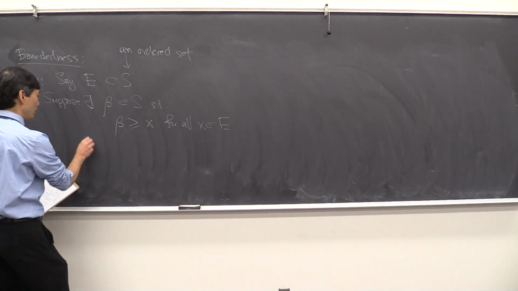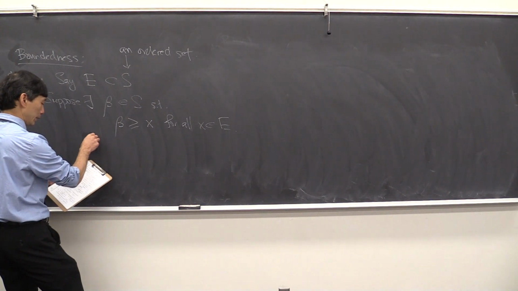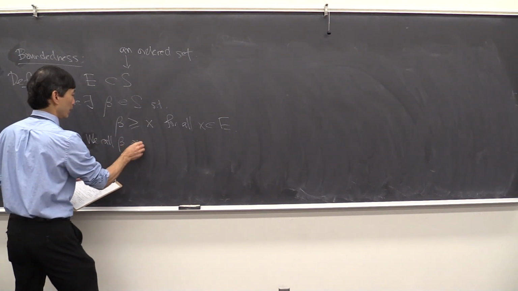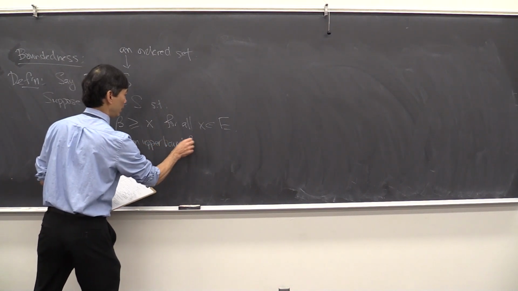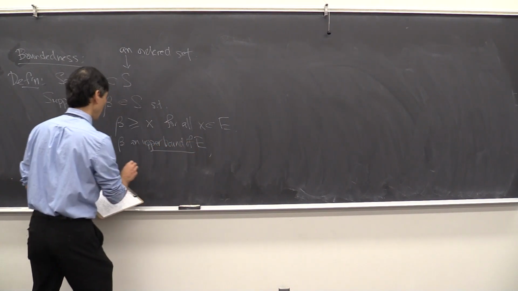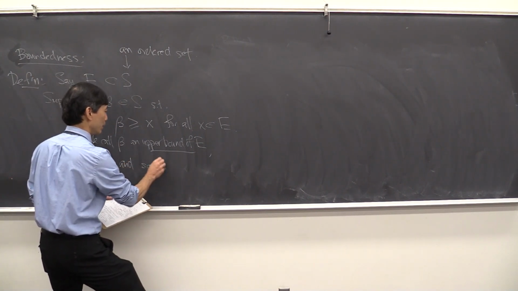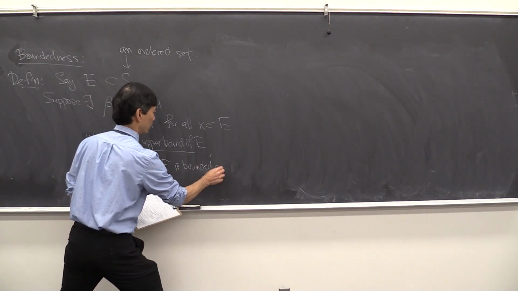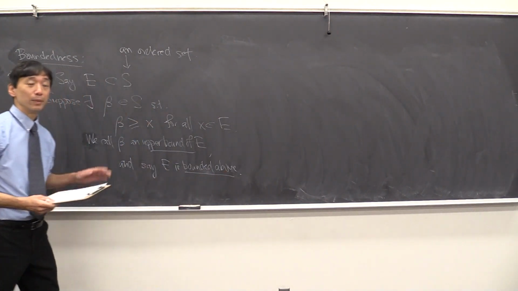Then we call beta an upper bound of E, and we say that E is bounded above. This is a pretty simple idea, right?